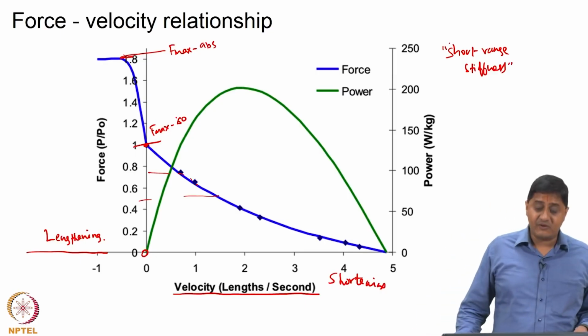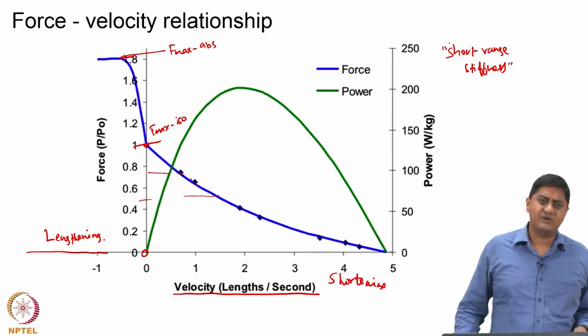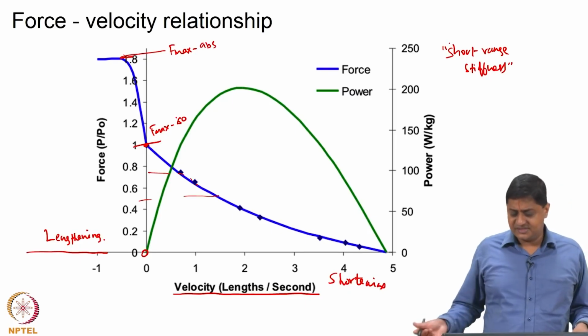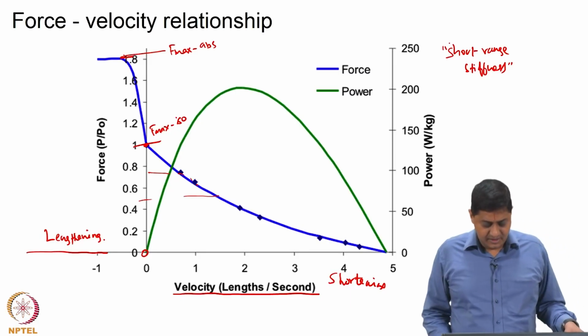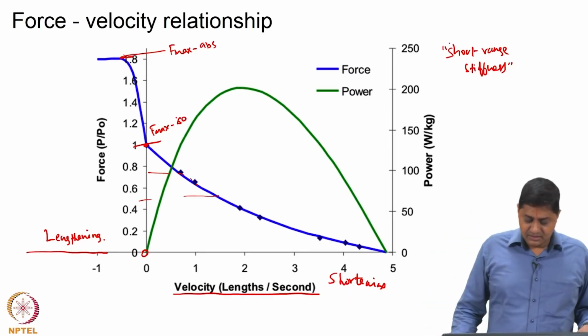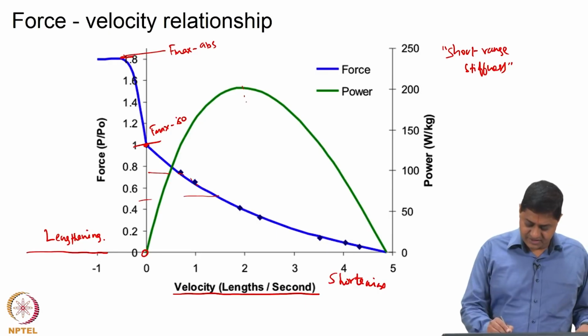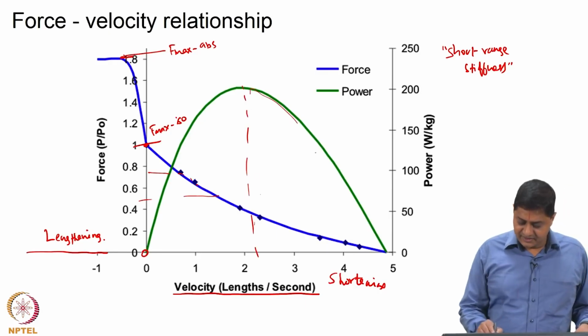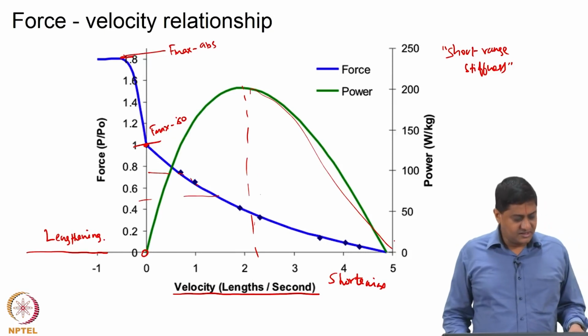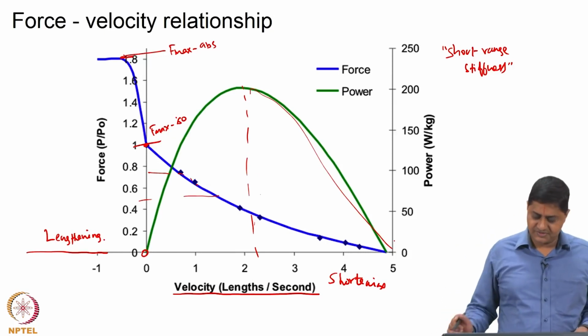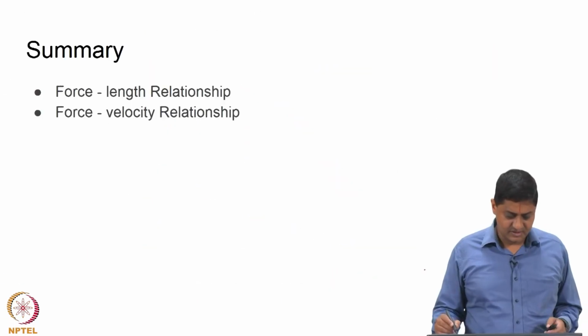Also, what happens with power? What is the relationship between power and force? Basically, power is the product of force and velocity, is it not? So, that increases until some velocity and then it decreases, right. So, essentially these two relationships, what are these two relationships?